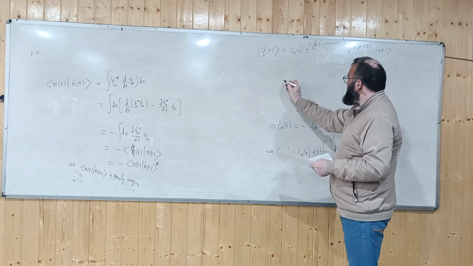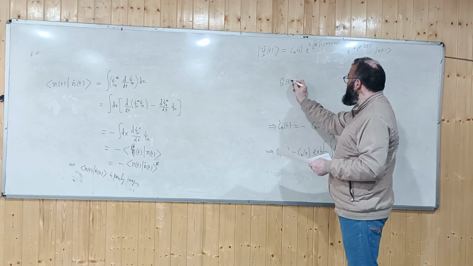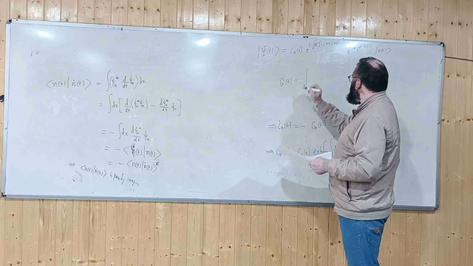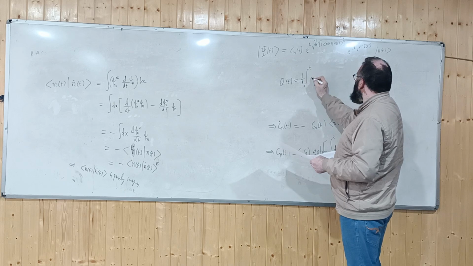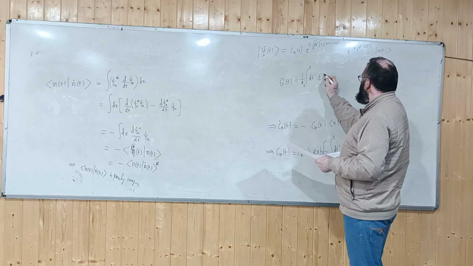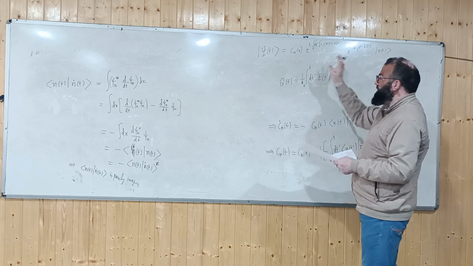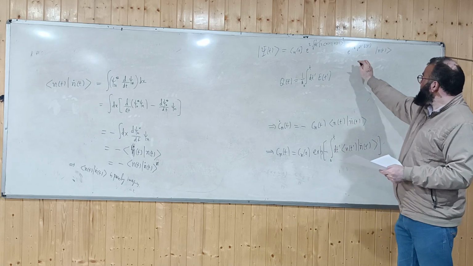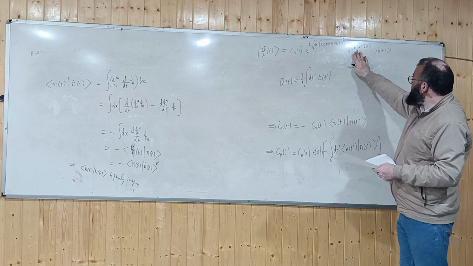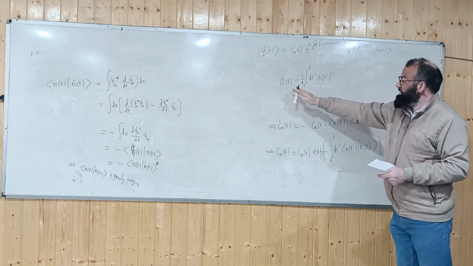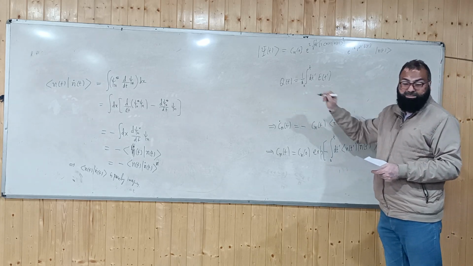So let me write now a quantity theta of t equal to 1 by h cross, integral 0 to t dt prime. Since these are all phase factors, this is a phase which depends on energy. So we call this phase factor the dynamical phase, which I am writing in terms of theta.